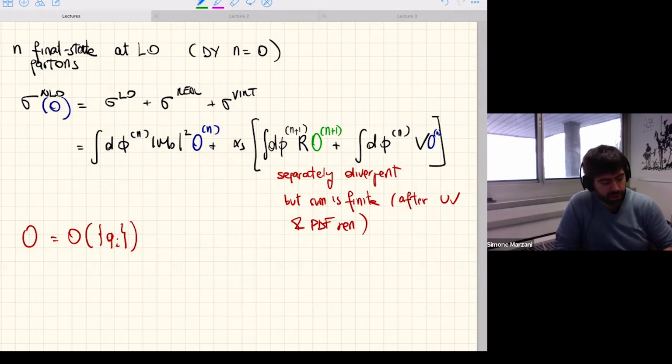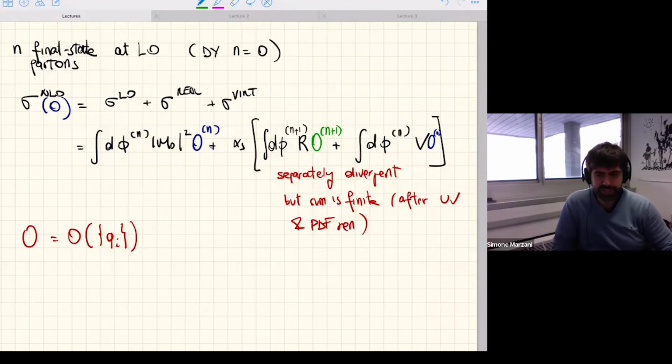You see that now I would like the cancellation between real and virtual to continue in the same way. After I've done UV and PDF renormalization, I still want to have real and virtual, this time weighted by these measurement functions, and I would like the answer to still be finite.